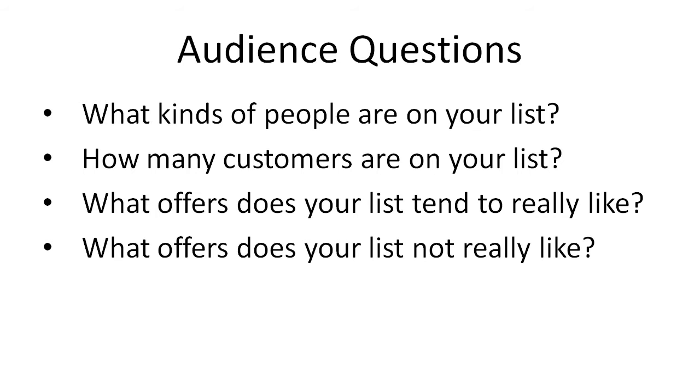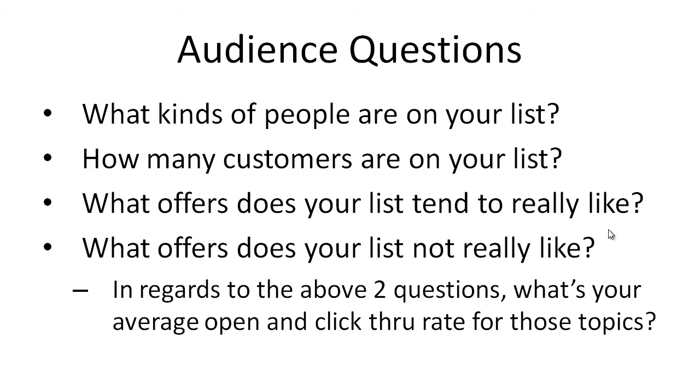By asking these two questions, it gives you an idea of what kind of offers that person's list really likes. So if you really wanted to create another list in a different topic area, you could do that or move on to the next. So in regards to the above two questions, what's the average open and click-through rate for those topics?